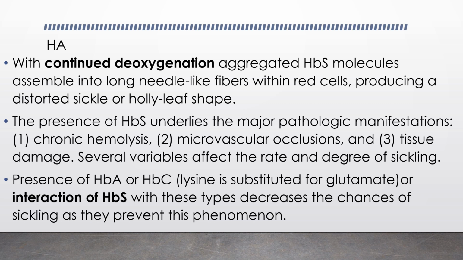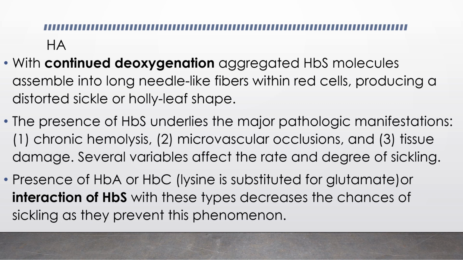Variables which may affect the degree of sickling: HbA or HbC. HbC is another kind which is seen in this disease. Here lysine is substituted for glutamate. Okay, so the chance of sickling, HbC is also less prone to sickling than HbS.